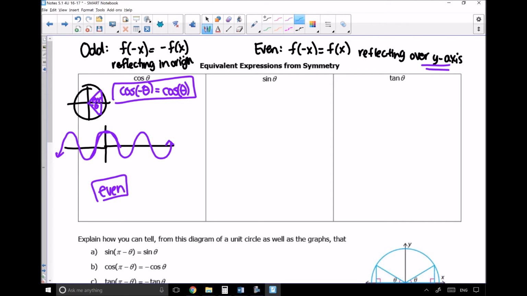Now let's look at the sine of theta in terms of the unit circle as well. I want to know what's going to happen if I take the sine of negative theta. Same thing: here's my triangle, here's my theta.